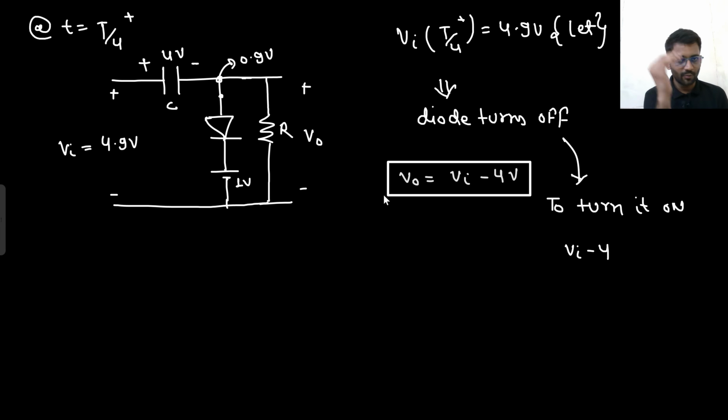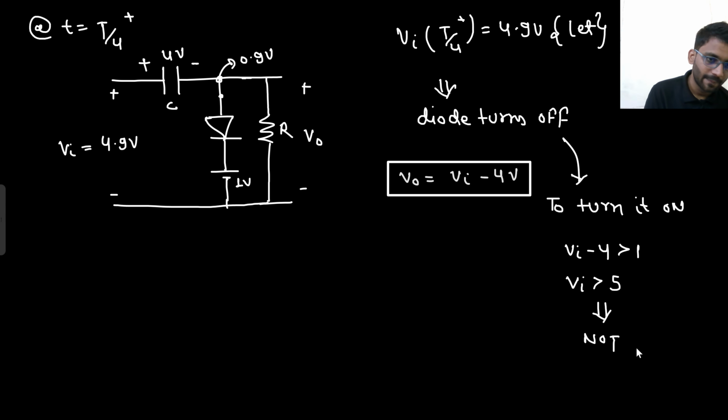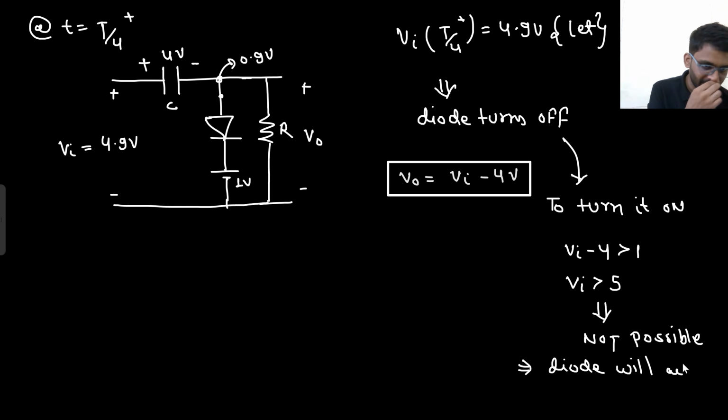Because the P side should have more potential than the N side, and the N side is already having 1 volt. So Vin minus 4 should be greater than 1 volt, so Vin should be greater than 5 volt, which is not possible. That means the diode will always be off.